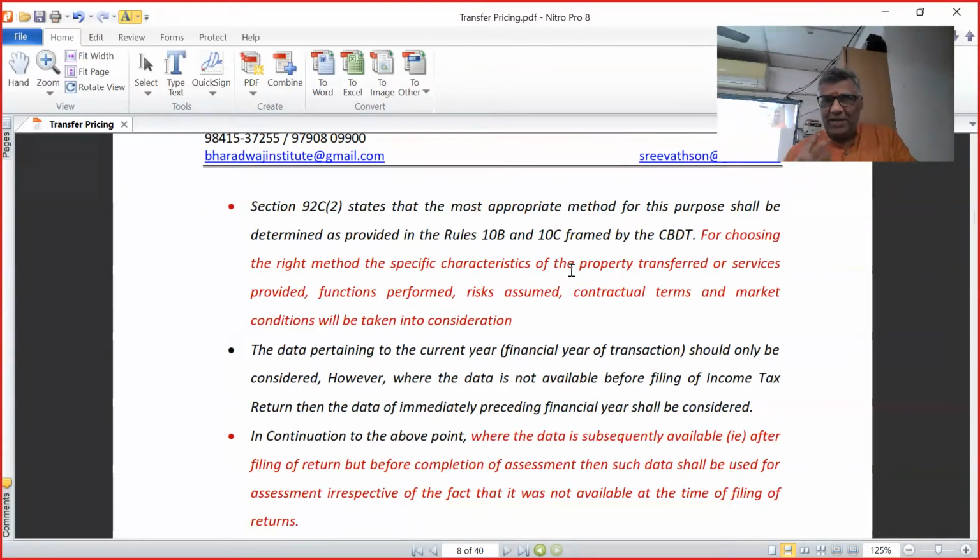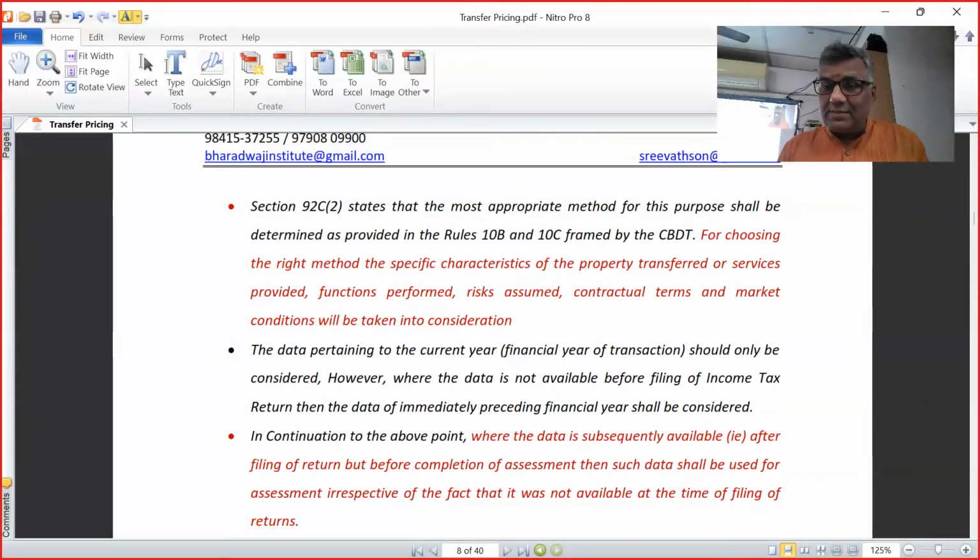If it is import, we will always try to go by the resale price method. If it is export, cost plus method. If it is generic, CUP. If it is patent or other related, profit split method, like that. Functions performed, risk assumed, assets deployed, contractual terms and market conditions will be taken into consideration. That is the theoretical answer.